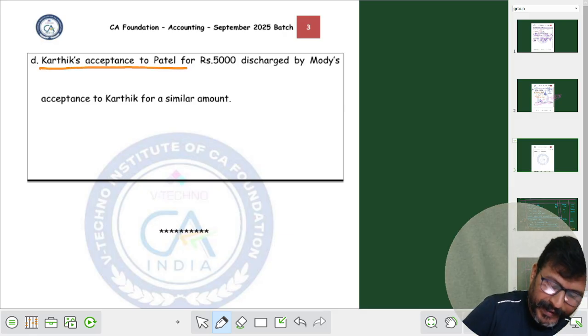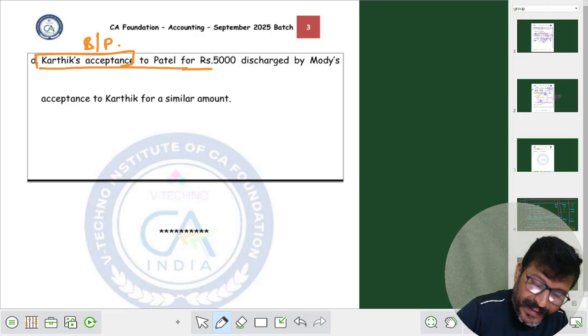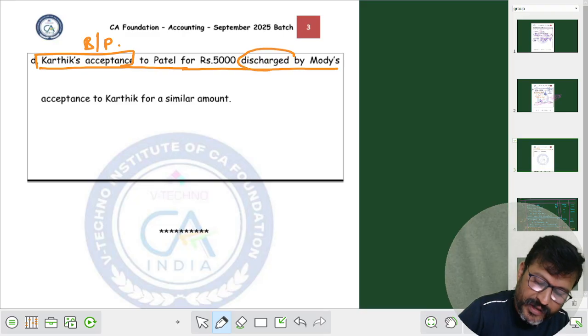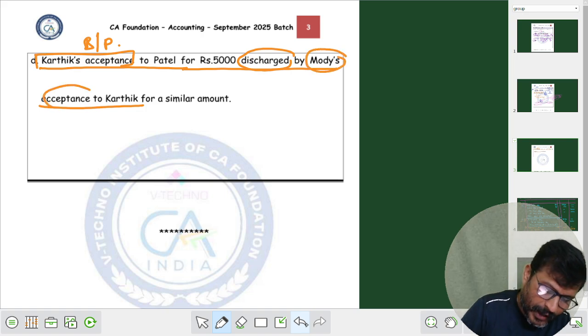Karthik acceptance to Patel. What do you mean by Karthik acceptance to Patel? Karthik acceptance to Patel means it is bills payable, was discharged. Oh, discharged. By what? Mody's acceptance to Karthik. Mody's acceptance to Karthik means it is BR for Karthik.